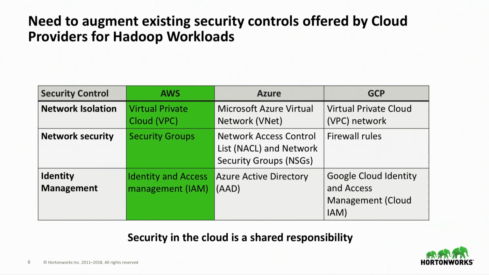In our demo that Sandeep will showcase in a little bit, we'll be using the security controls offered by AWS, the one in the green column. So the fundamental idea here is to take these security controls that these cloud providers offer and layer authentication, authorization, MFA on top of it to secure your Hadoop workloads.